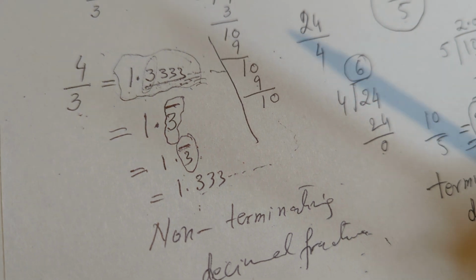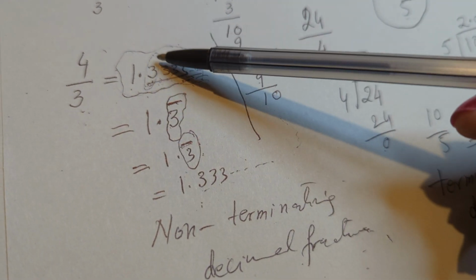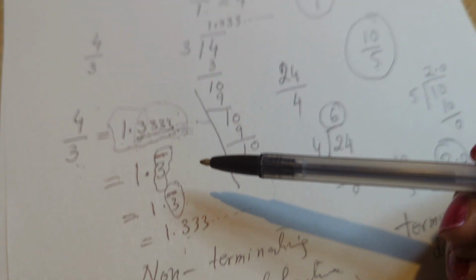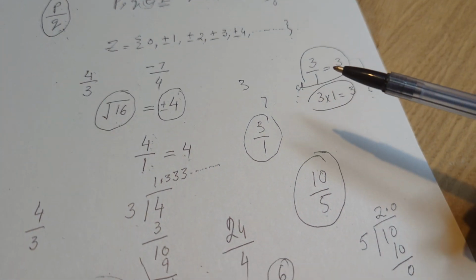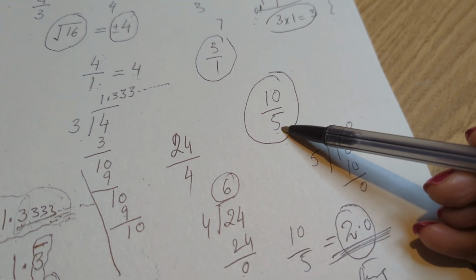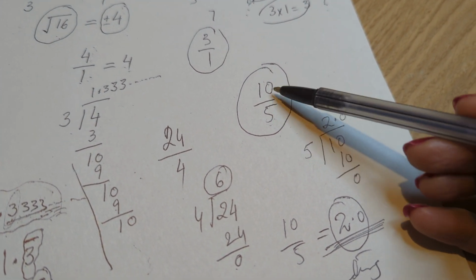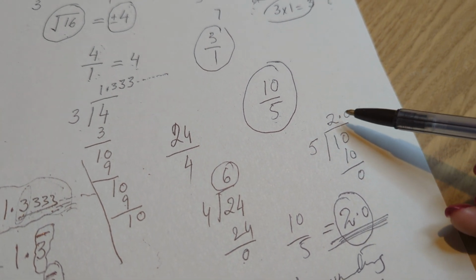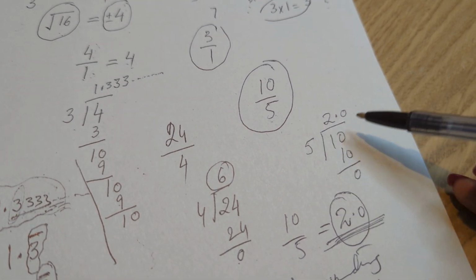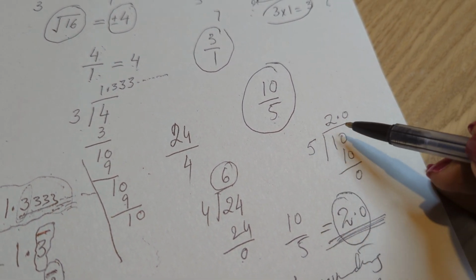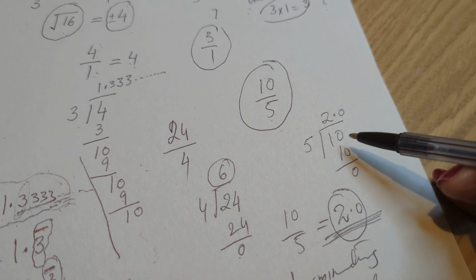So our rational numbers have two types. Some of them are terminating. For example, if I have this type of number, 10 divided by 5, this is a rational number, and when I solve it, it will give you the answer 2.0. So it terminates, it's going to finish, nothing is recurring, nothing is coming again and again or repeating itself.